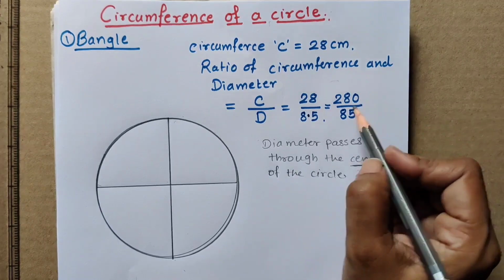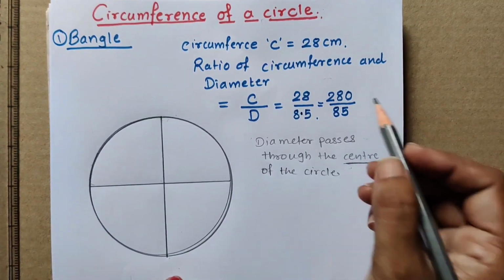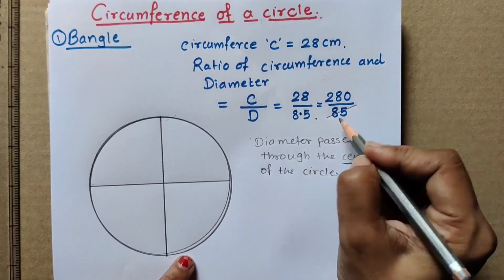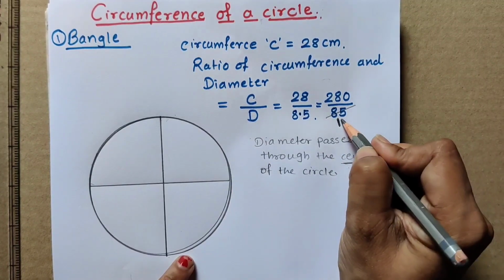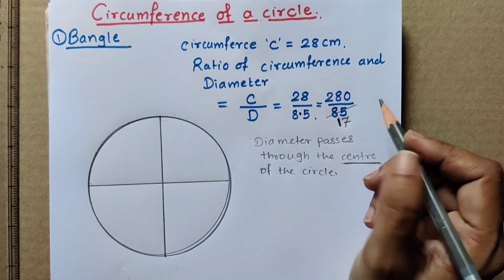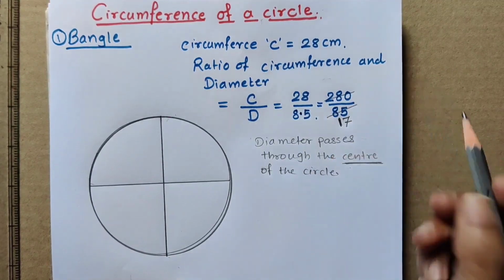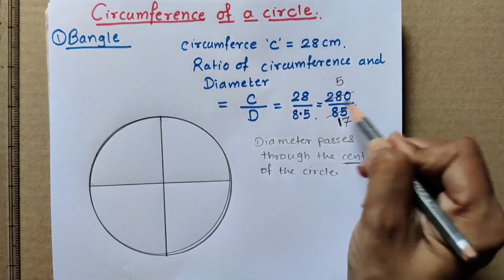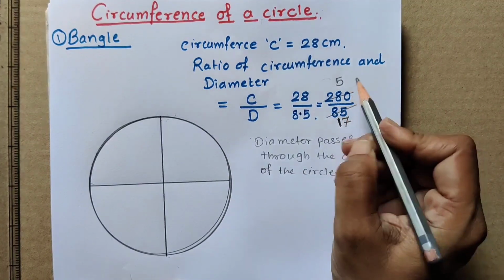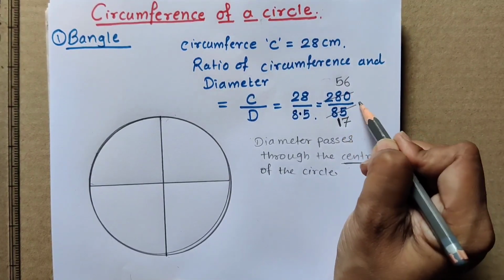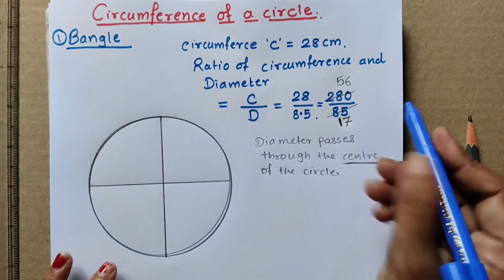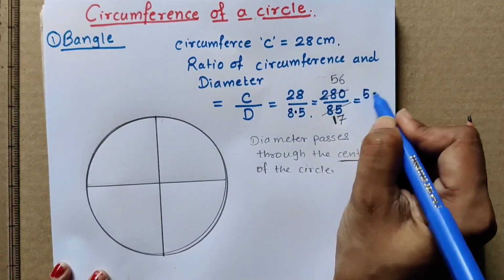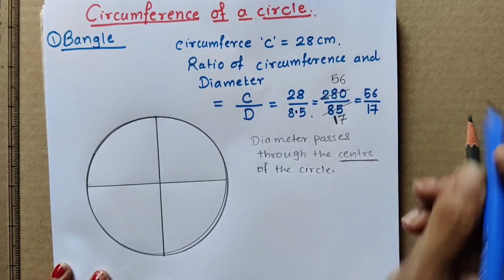Now let us cancel it and find out what the ratio will be. 5 ones are 5, 5 sevens are 35, 17 I am getting here. Now let us see what we are getting here. 5 5s are 25, 28 minus 25, 3 remaining, 30, 5 6s are 30. That means we are getting 56 upon 17. Again 56 upon 17 we have to cancel.